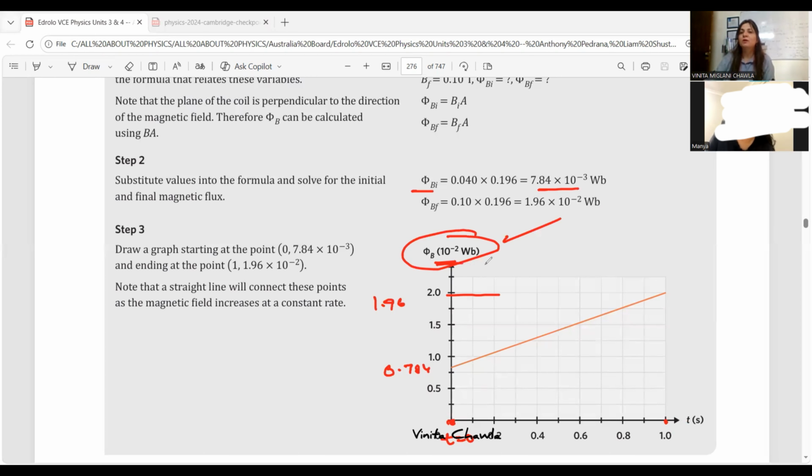It will be convenient because we have kept this 10 to the power minus 2 aside and we have just written the numbers here, so that we can easily locate the points instead of taking it in Weber. It is actually in decimals, this is the value, but we have just kept this 10 to the power minus 2 here and marked the numbers, and we can locate the points.